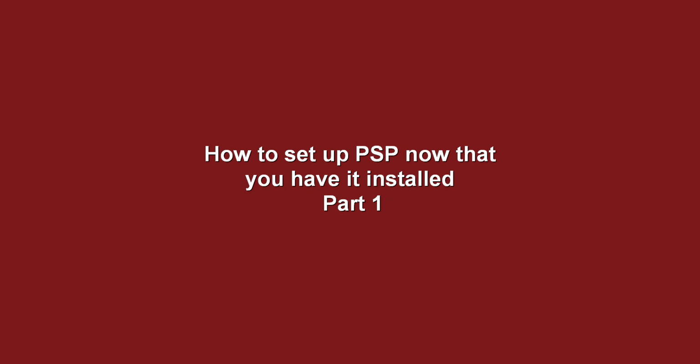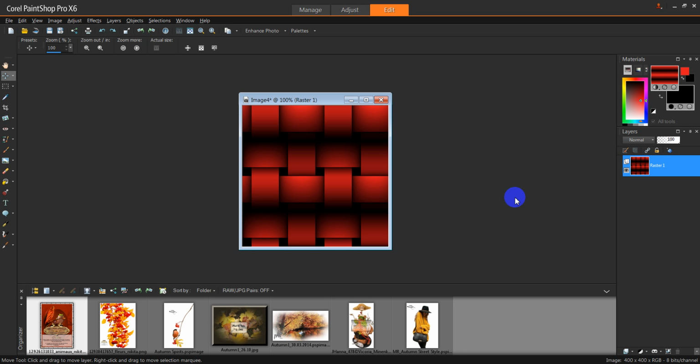Now that you have PSP installed on your computer, it's time to set some settings. Some of these will only have to be done one time, and I'm going to show you how to do that. First, when we open PSP, we want it to open in the Edit mode under the Edit tab.